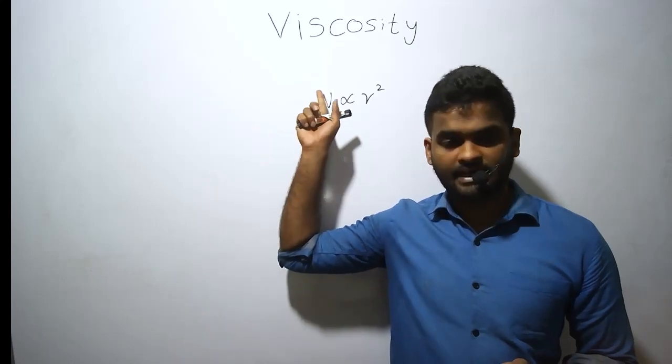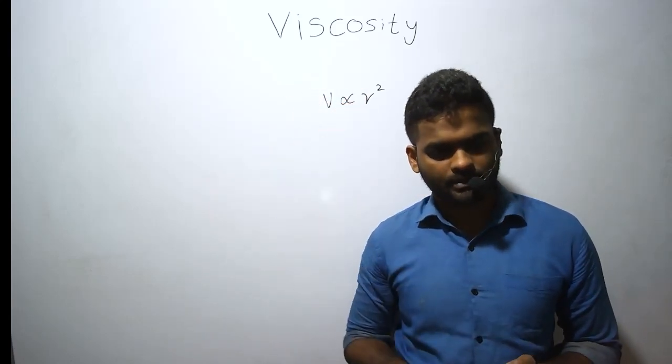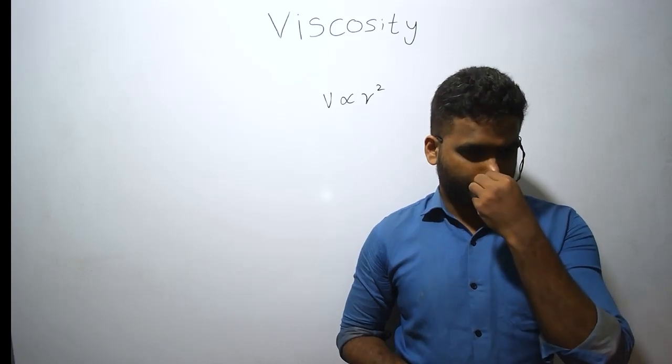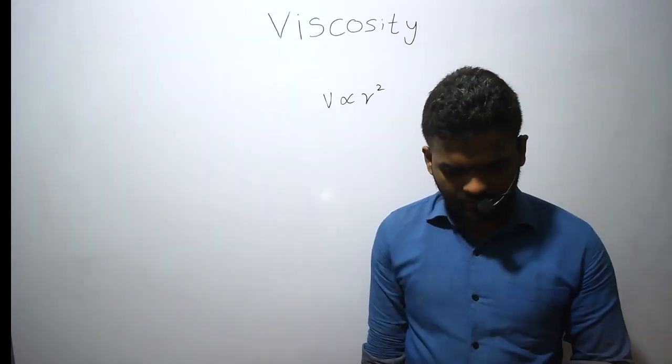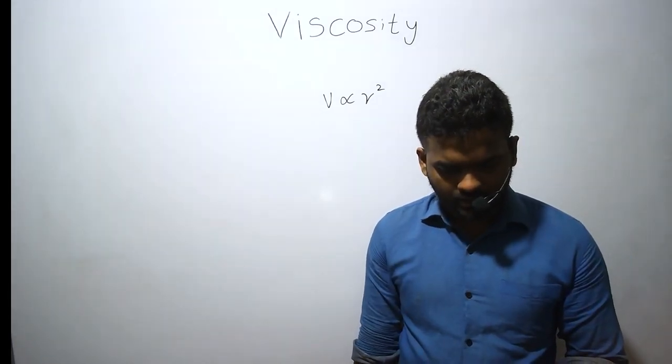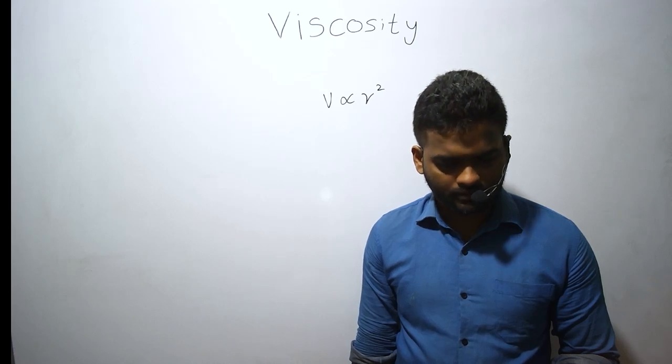Remember, in the standard equation, V is proportional to R squared. 40, right? Not 41. R1 and R2. I don't know why you say 104.